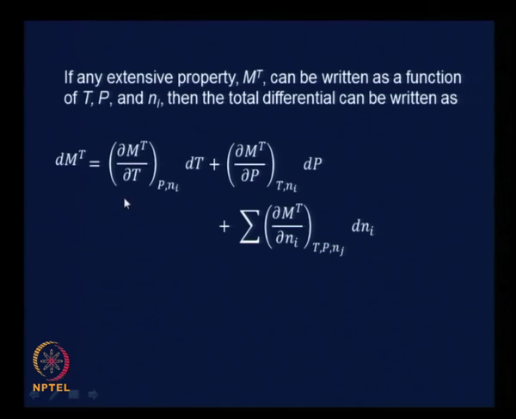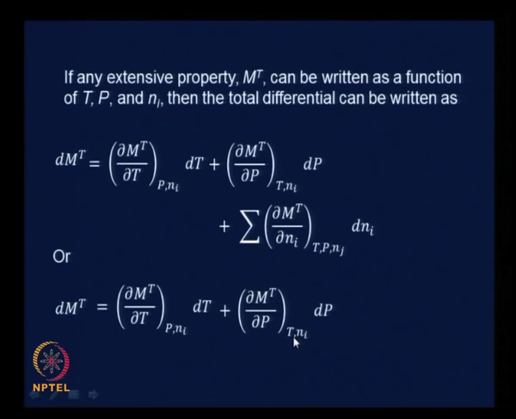Here we had taken Mᵗ as a function of T, P and Nᵢ, and this last term is nothing but the partial molar property. So it is the sum of the partial molar properties times the dNᵢ for each species. That is the total differential here. We will call this equation 414.